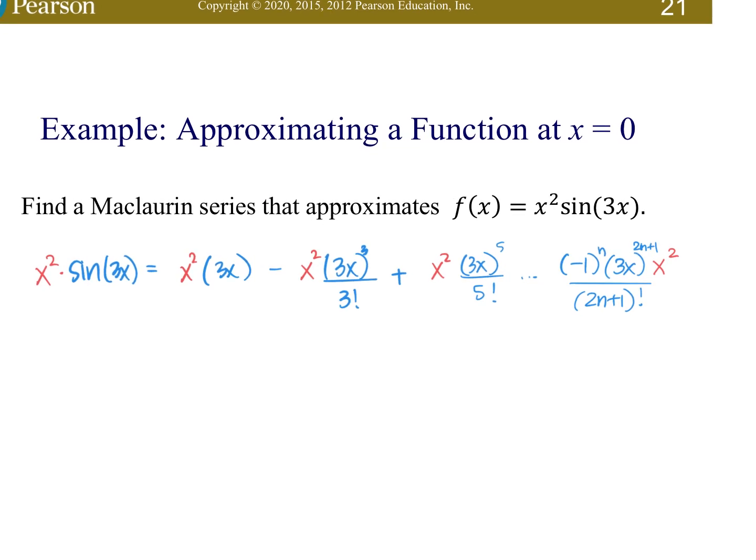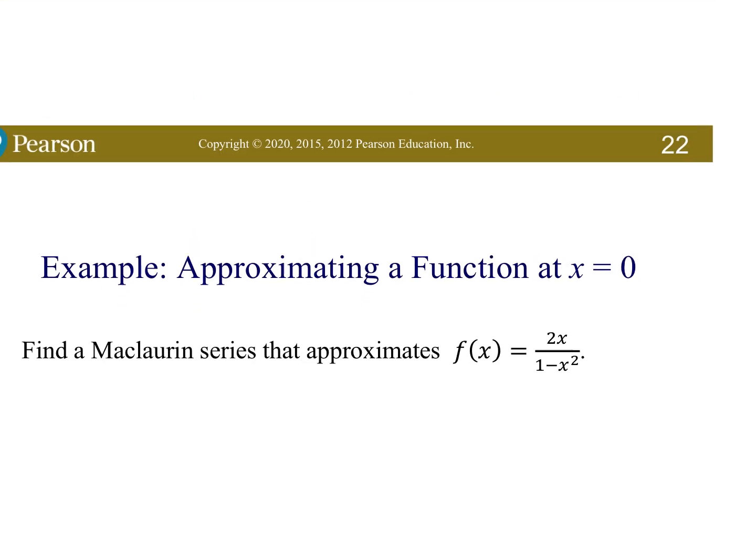Just distribute your x squared to that. How does that work? What do you mean? And why is that working? Or just do it? Well, because algebra says whatever you do to one side, you have to do to the other side. Okay. So we're doing legal algebra. We start with what we had already built before, and we distribute. Okay, let's try another one.